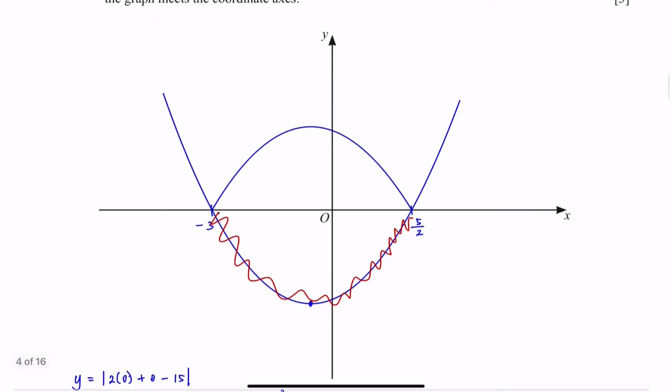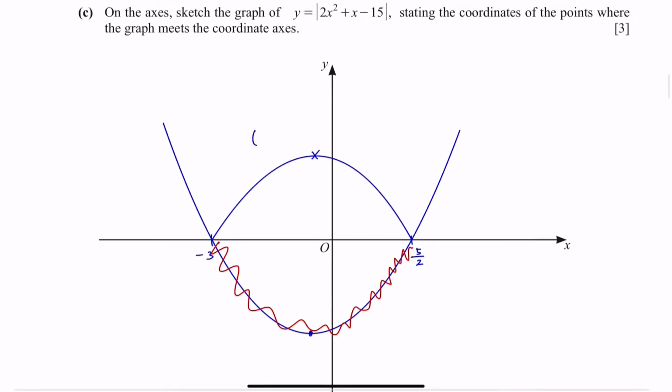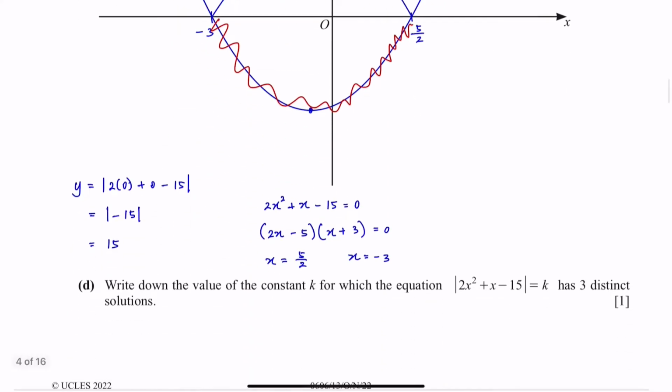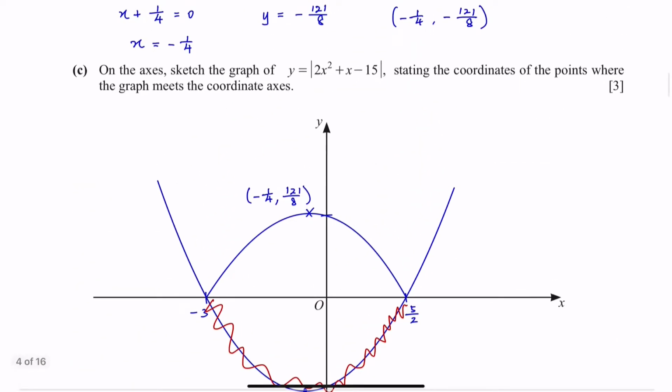Okay, so the new graph should look like this, and the stationary point should be negative 1 over 4 and positive 121 over 8. And the y-intercept would be a positive 15.